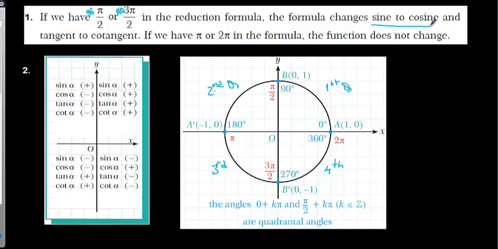We are going to change the function: sine to cosine, cosine to sine, tangent to cotangent, cotangent to tangent. If we have pi and 2 pi, we are not going to change the function in the formula.